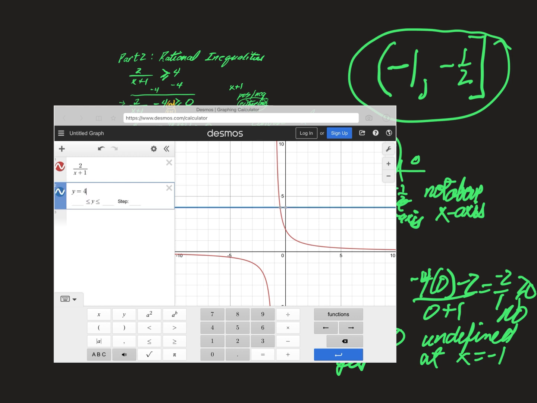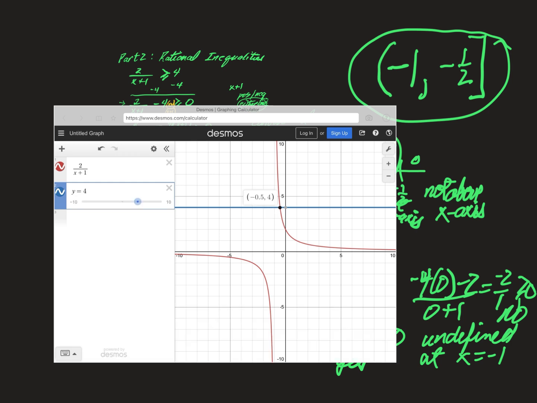And we want the part of the graph which is greater than 4. So the 0 we're looking for is this one. Notice how that is -0.5. And the graph here, if you look, it's above -0.5. But for how far?